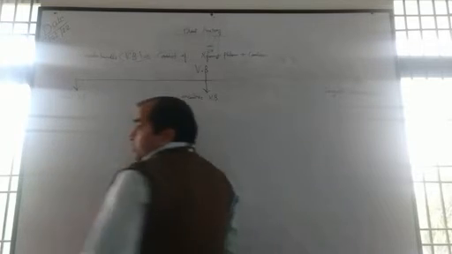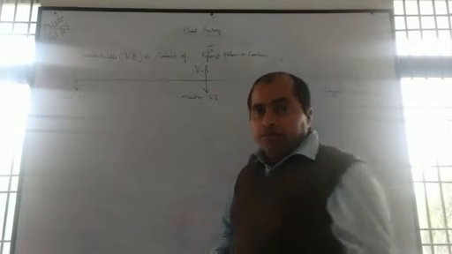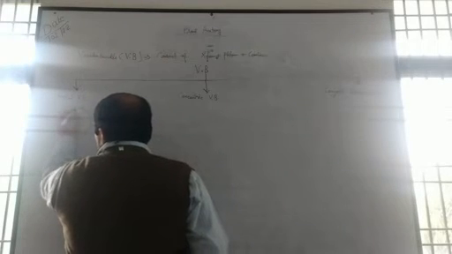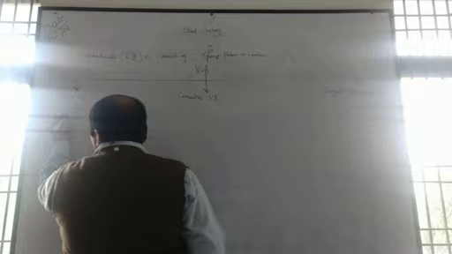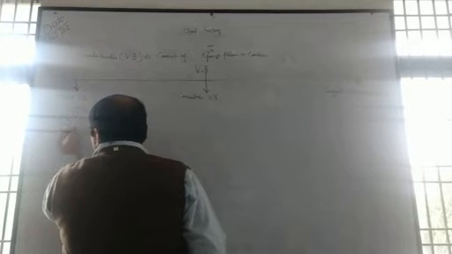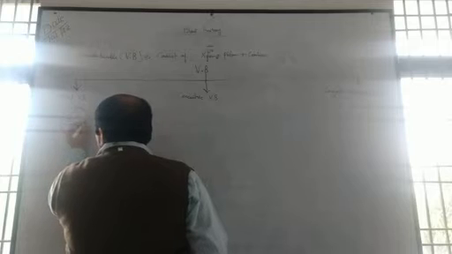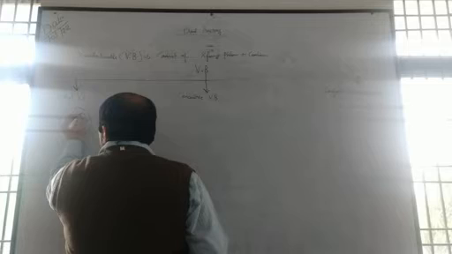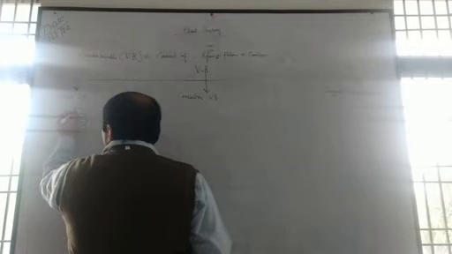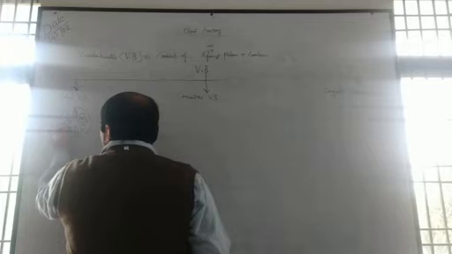I am going to show you by this diagram. You may watch it. Xylem, phloem, xylem, phloem. Dotted line is phloem, and lining is denoted by xylem.